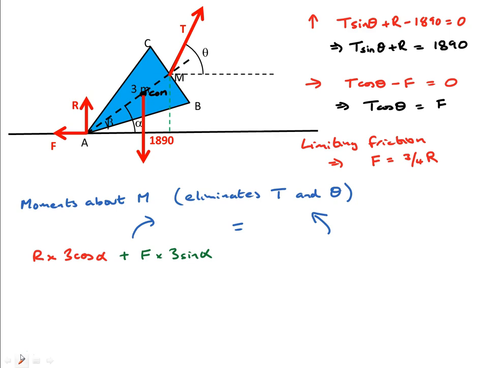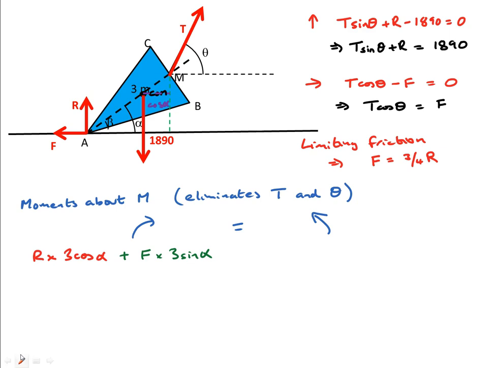We know that the centre of mass is just 1 meter away from M. So the perpendicular distance of the line of action of the 1890 newtons from M is just 1 times cos alpha, in other words cos alpha.